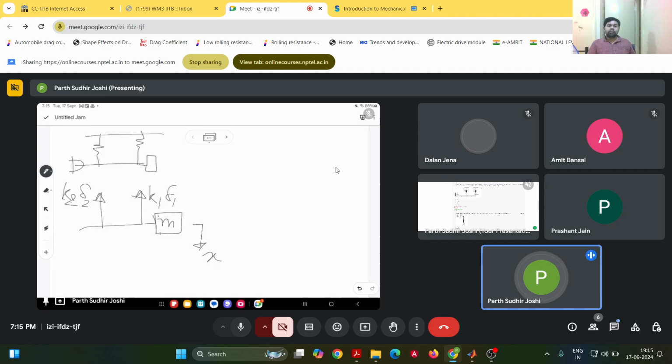Now, are these the only net external forces acting on this rod? Are you sure? Are there any other forces also acting on this rod?